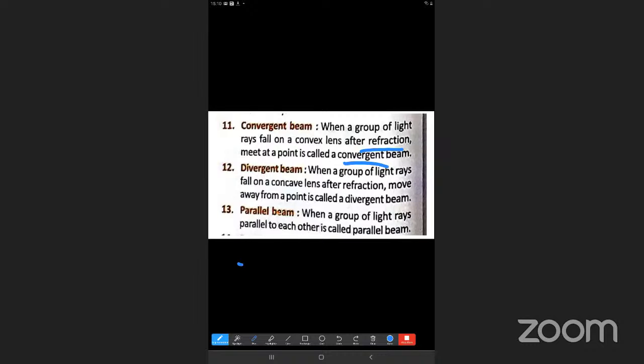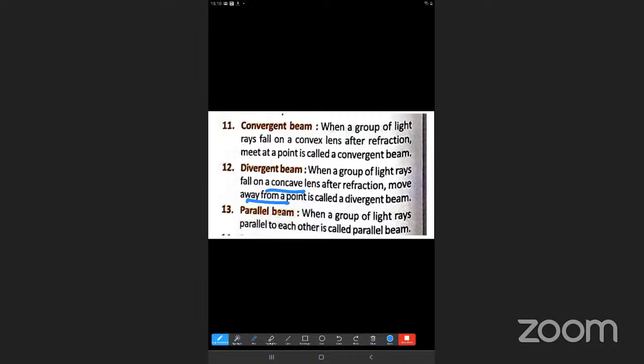So all the rays meet at one point on the convex lens. And divergent beam: when a group of light rays fall on a concave lens, after refraction, they move away from a point; this is called a divergent beam.